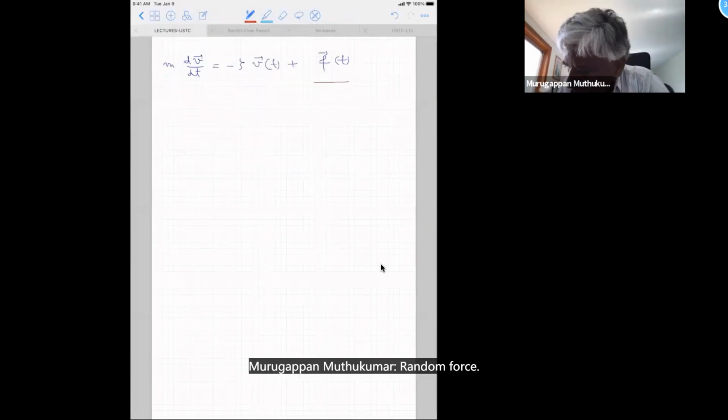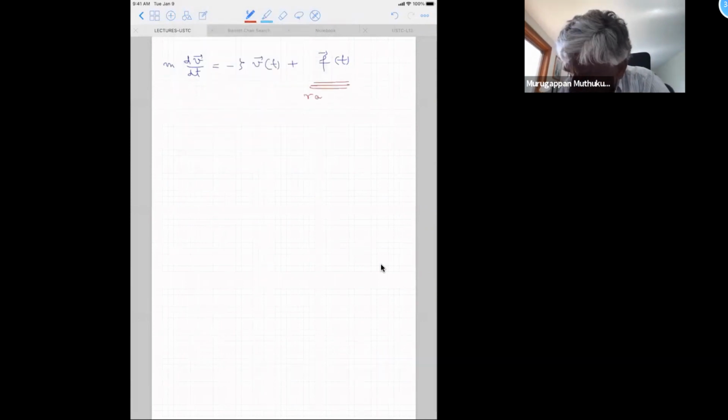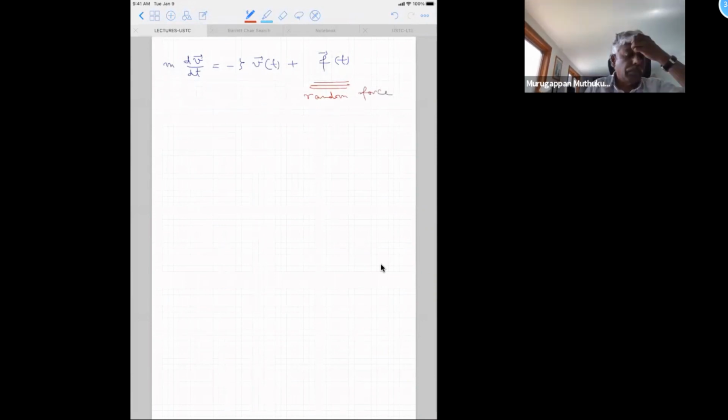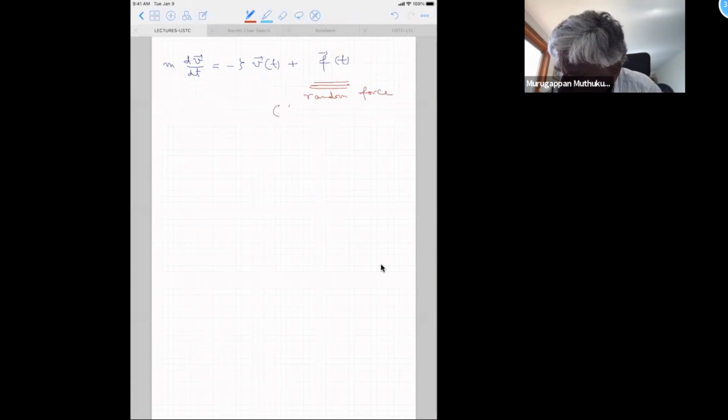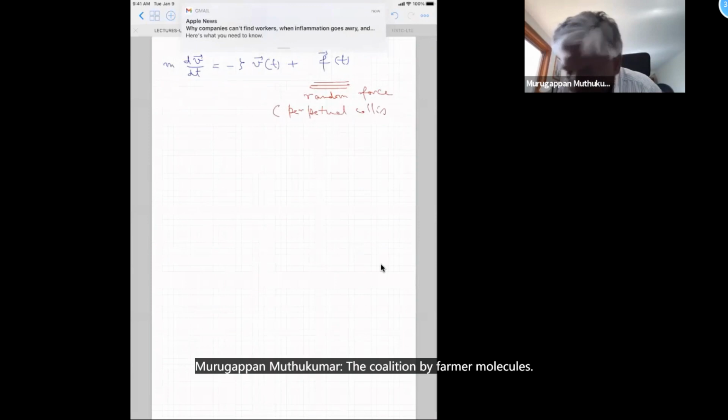This is random force due to perpetual collision by solvent molecules.